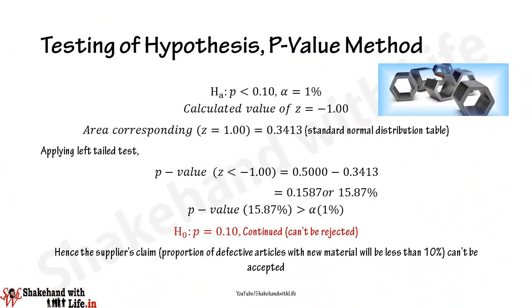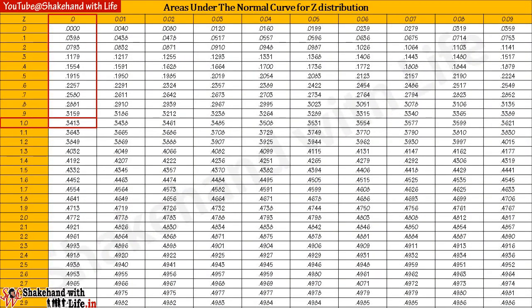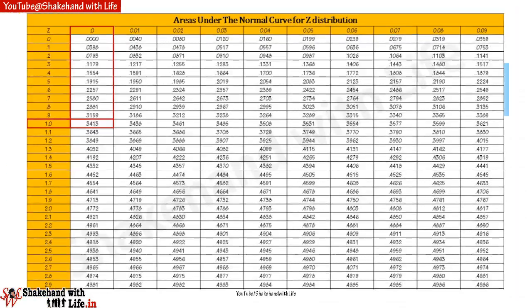You may use the p-value method to test the null hypothesis. The calculated value of Z is minus 1.00. Then using the table for area under the normal distribution, the area corresponding to 1 is 0.3413.